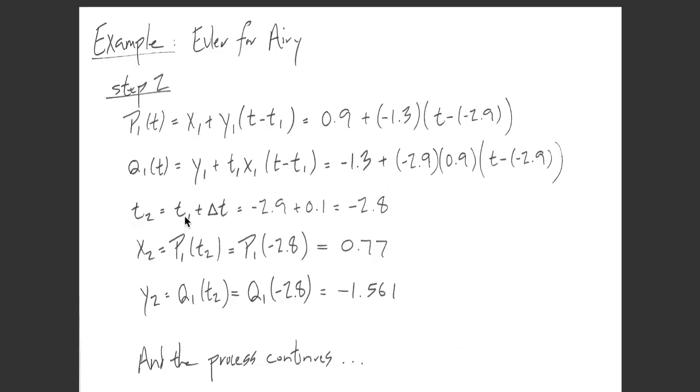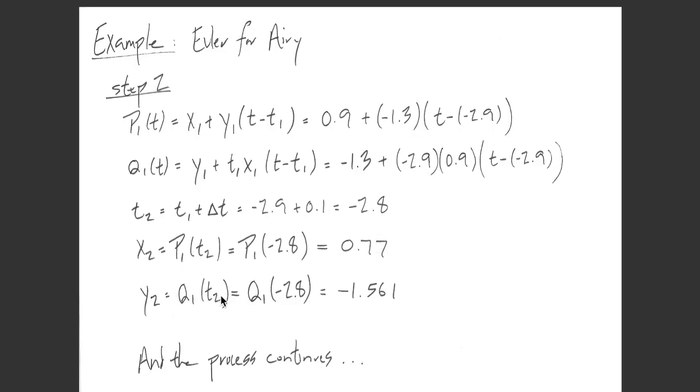t2 is the t1 value plus the time step, which is 0.1. That gives us negative 2.8. x2 is what you get when you plug t2 into the Taylor polynomial for x, which is p1. So I'm doing that here. You just plug t2 into that, and you get 0.77.